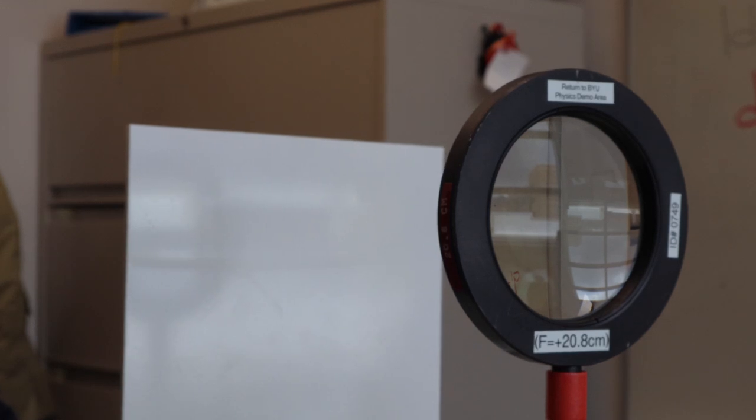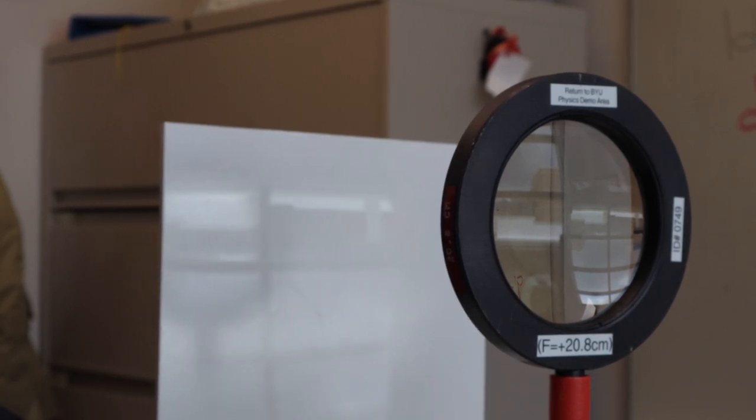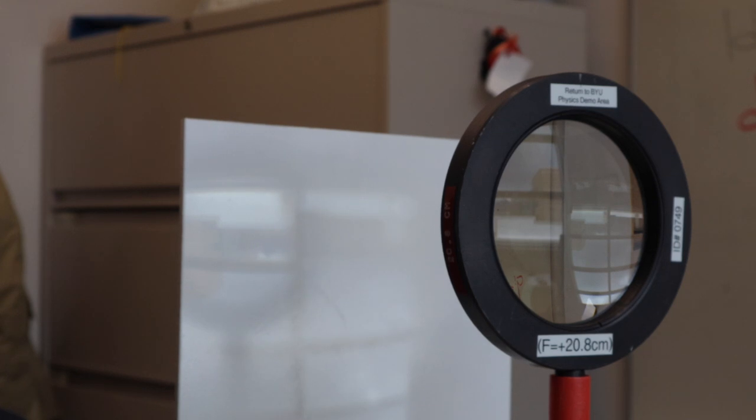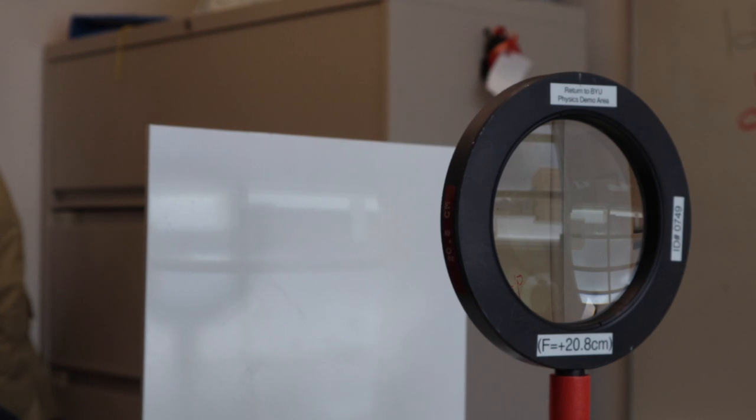If I move the screen back, you see that suddenly it just becomes all fuzzy because all of the light leaving that stack is not ending up in the same place on the screen. Likewise, if I move it too close to the lens, it's all fuzzy again. It's only when the screen is at just the right location that you get a nice sharp image.